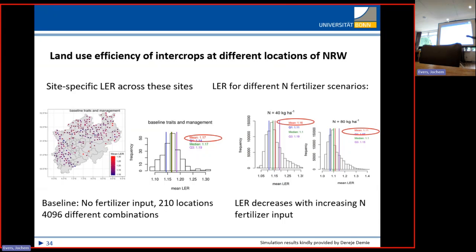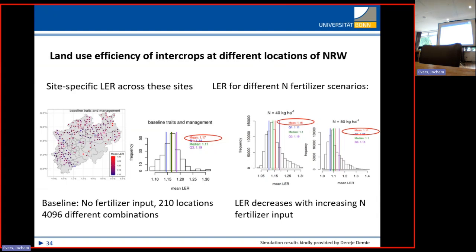The colors show the LER, from red, very high, up to 1.3, and then blue is 1 and a bit below. What is interesting is that, as you have seen also from Bobke, the good thing is that the mean LER is now 1.17, which fits exactly, but that's a coincidence.